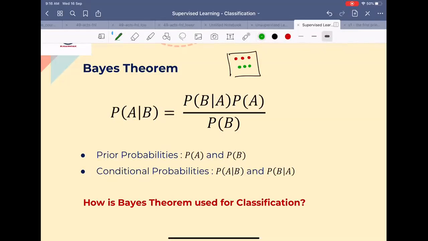Okay, I have a box with 3 red balls and 3 green balls, and event A is you put your hand inside the box and you remove a ball outside, and that ball is red. Okay, let's say a simple example.